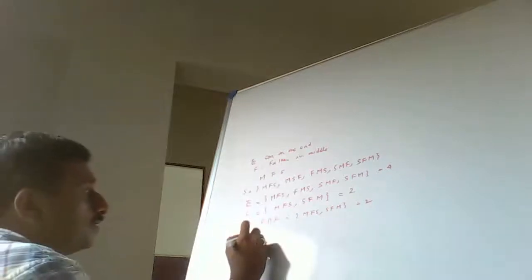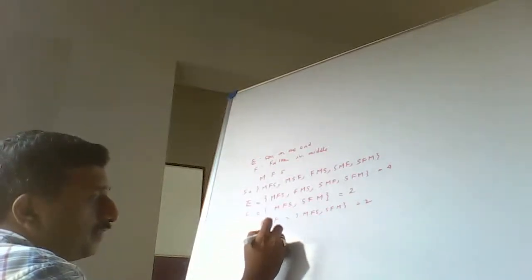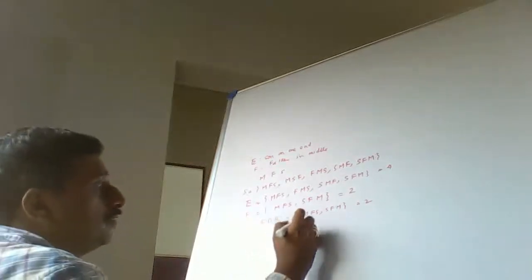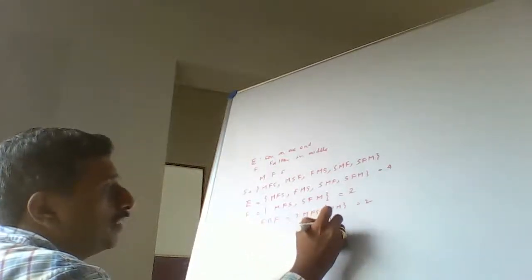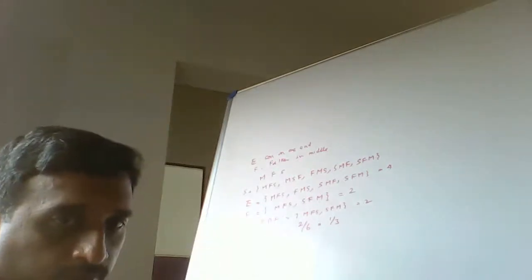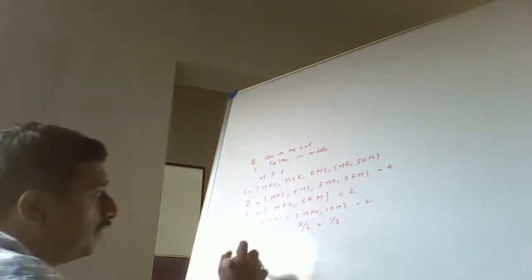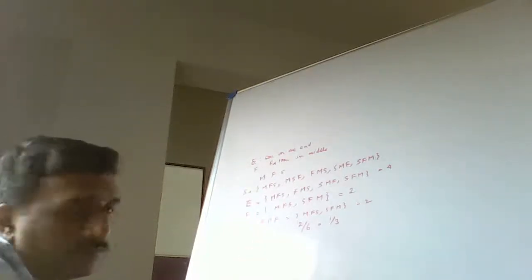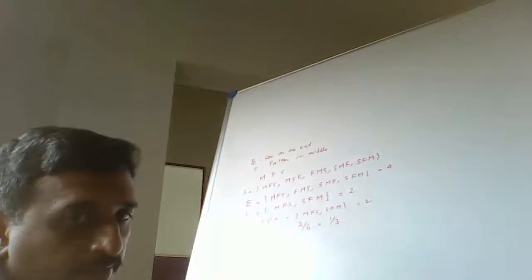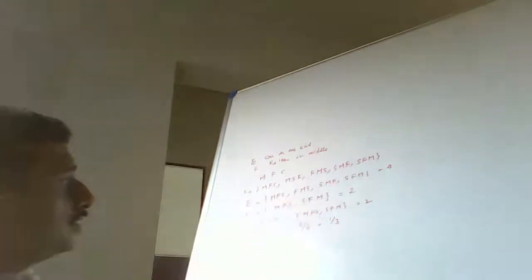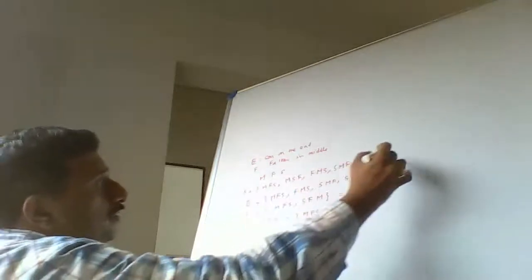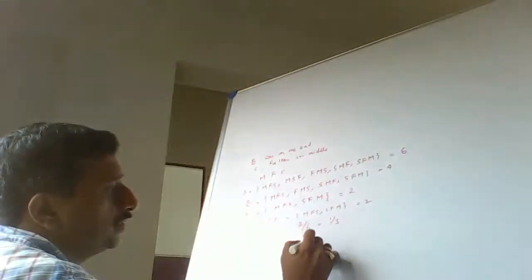The probability of E intersection F will be 2 by 6, that is 1 by 3. Can you understand this? Okay. So let us find the probability of F. Probability of F will be, you have two such events and the total possibilities are 6, so 2 by 6, that is 1 by 3.